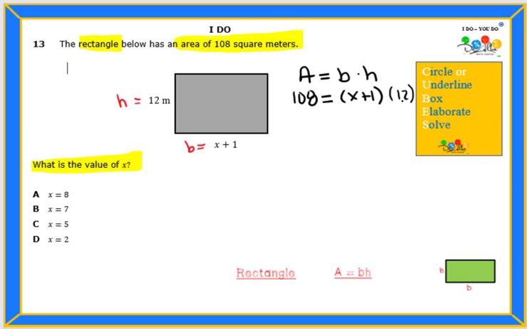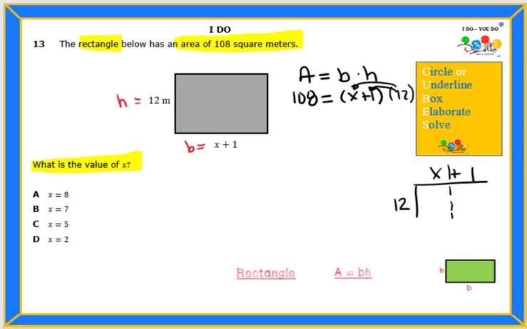Okay, now we're going to use the distributive property, and we're going to multiply 12 times x and 12 times 1. When we are multiplying x plus 1 times 12, we are distributing or multiplying the 12 times x and then the 12 times 1.